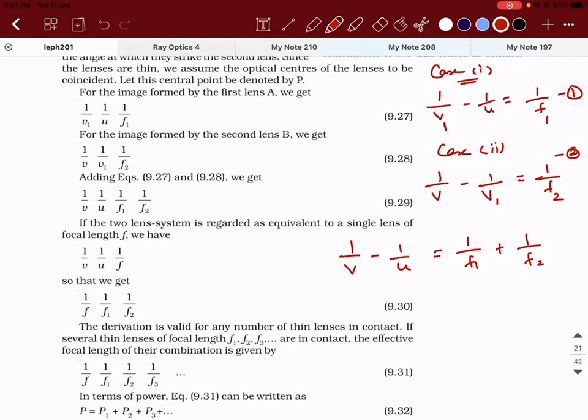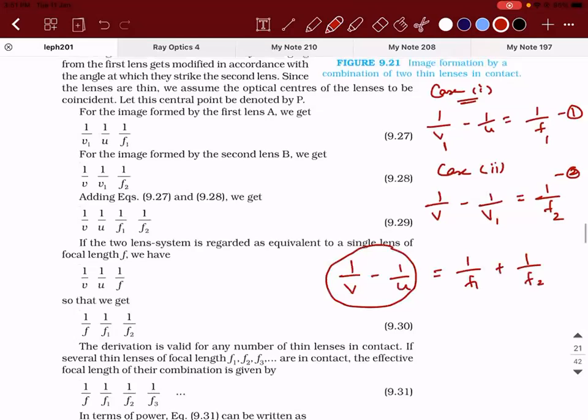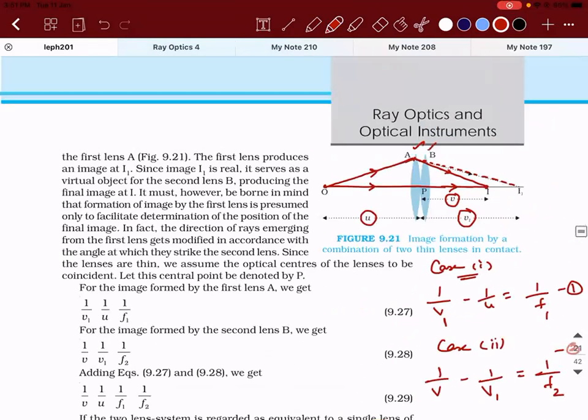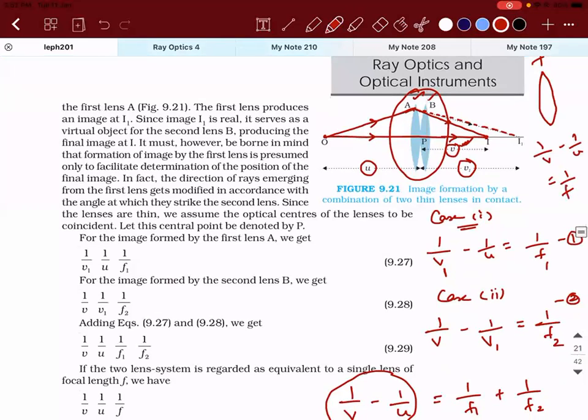Now see, this 1 by v minus 1 by u is there, right? So I have two lenses, and these two lenses have individual focal lengths of f1 and f2 respectively. Now, if I replace these two lenses with one particular lens whose equivalent focal length is f, then 1 by v, that is the final position formed due to the combination, minus 1 by u will be equal to 1 by f, right?